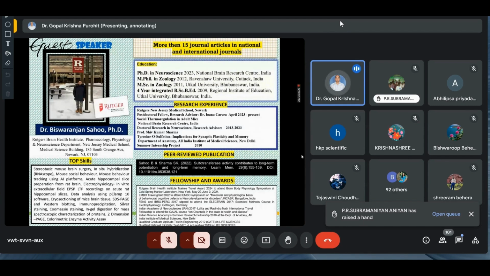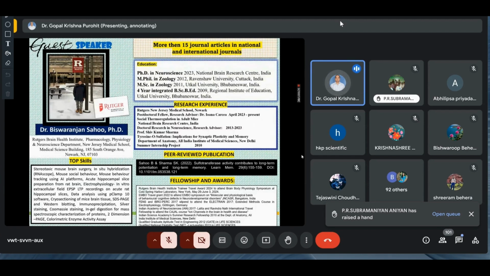His academic journey is marked by notable achievements, including a PhD in neuroscience from the prestigious National Brain Research Institute, India. His doctoral research focused on the role of tyrosine sulfation in synaptic plasticity and memory, an area where he has made substantial contributions.